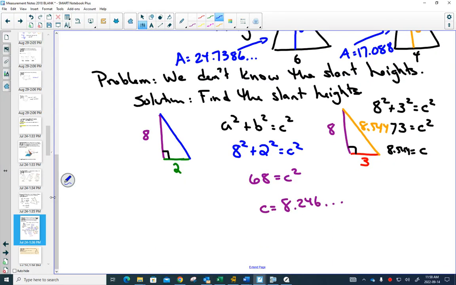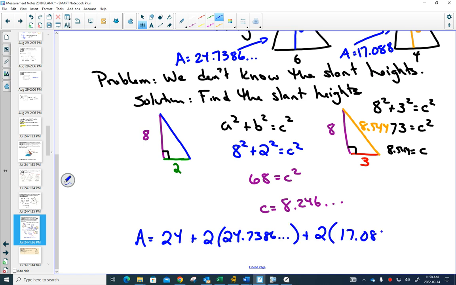If you're testing your calculator skills in the end, okay, your area is going to be the rectangle plus 2 of these ones, plus 2 of these ones. And I'm just putting the dot, dot, dot there to say I'm going to do my math with all of the decimal places. 24 plus 2 of those ones plus 2 of those ones.